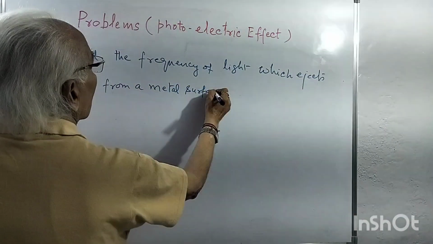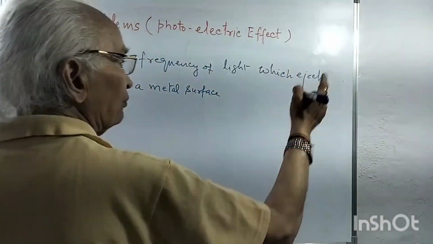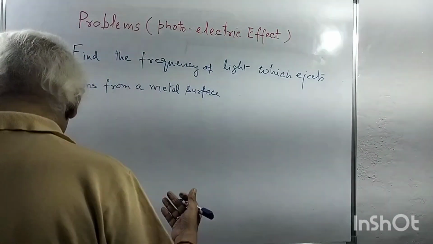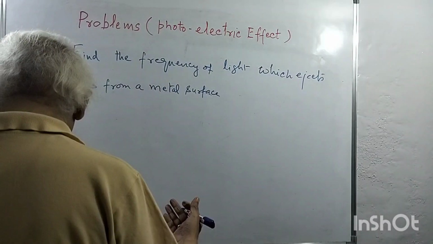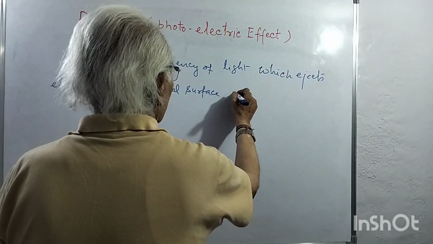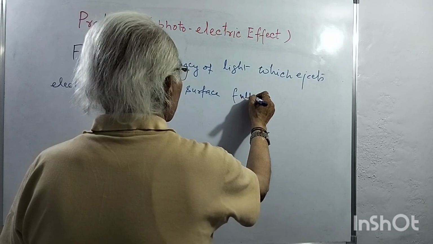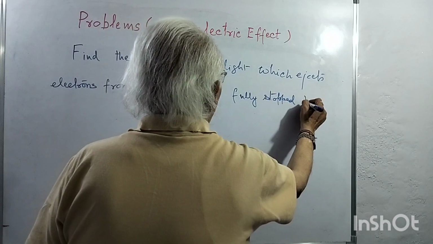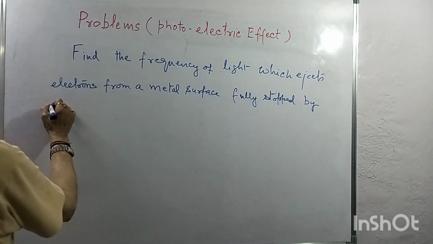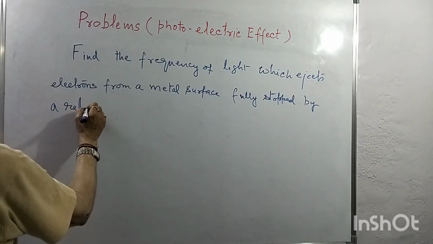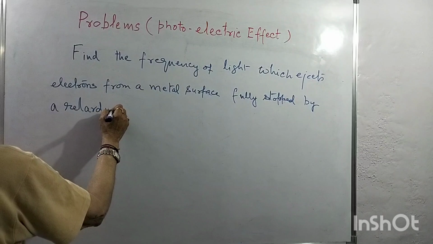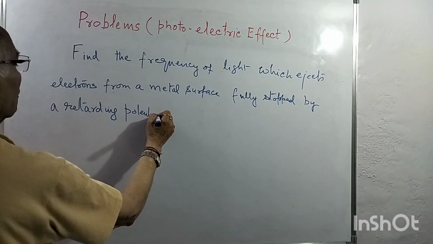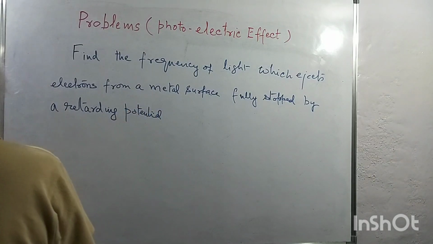What is the frequency of light which ejects electrons from a metal surface? That is the photoelectric effect. The ejected electrons are fully stopped by a retarding potential.